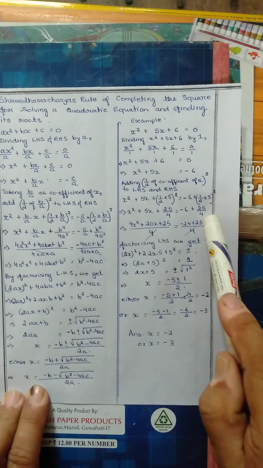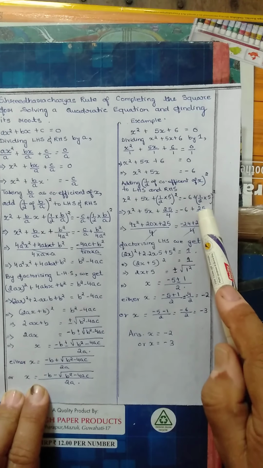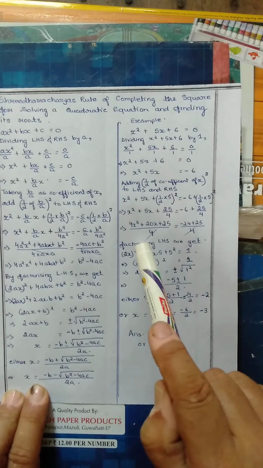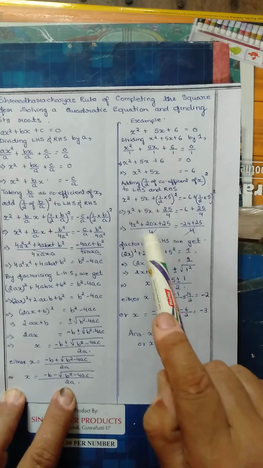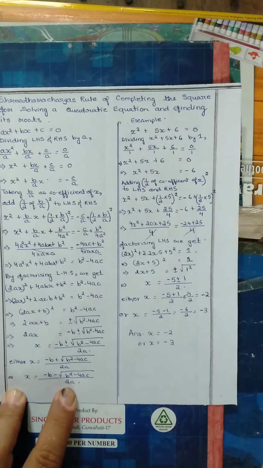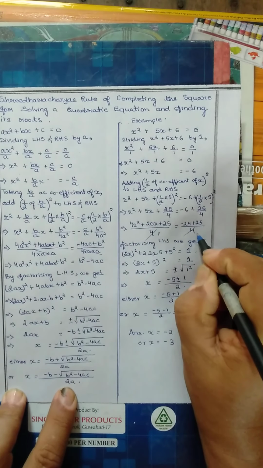And similarly, this one will be 4 into minus 6 is minus 24, and 25 remains the same because of the same denominator. Now this and this are denominators, and they obviously will divide, so this cancels and this cancels, becoming 1 each. So we put 1 there and 1 there.